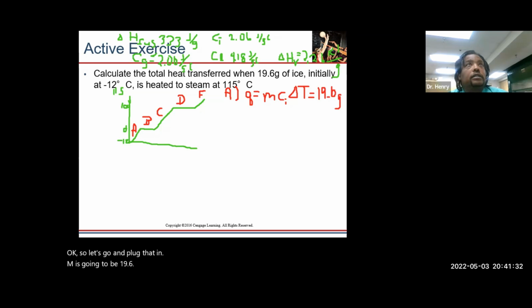Our C ice is 2.06 joules per gram Celsius.